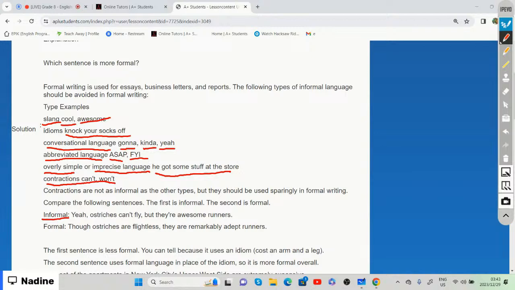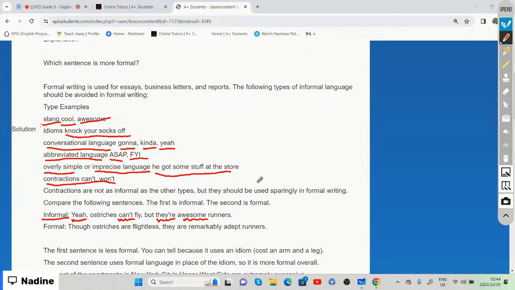And if you can identify certain words that we specifically made mention of that you should basically avoid in informal writing. The words that we specifically say you should avoid are words like yeah, can't, there, awesome, right?